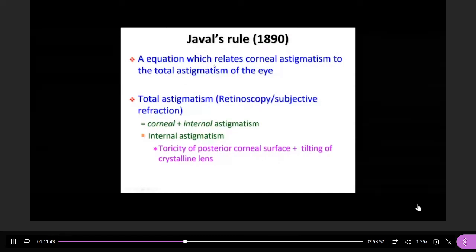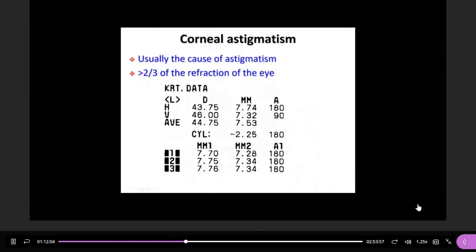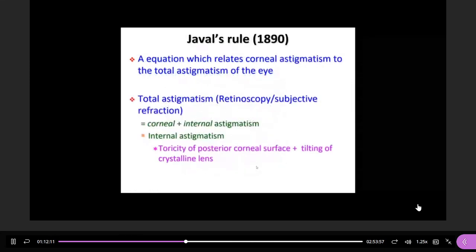Javal's rule was actually found 100 years ago, because during that time, people found that normally the corneal astigmatism is a little bit different from the total astigmatism of the eye. Even if you make a very accurate measurement of the corneal astigmatism, it still is a little bit different from the total astigmatism.